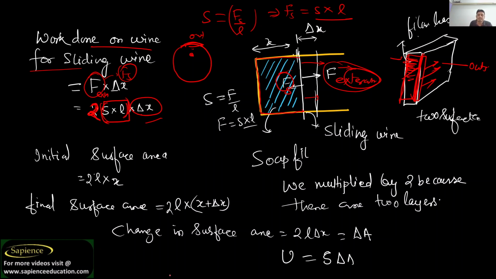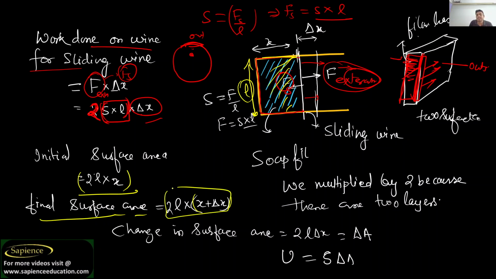So initial surface area, let us see here. Let us consider that the initial surface area was 2L into x, and the final surface area becomes 2L into x plus del x, because this is your L length. Got it? Now this is your final surface area. So what is the change in surface area?